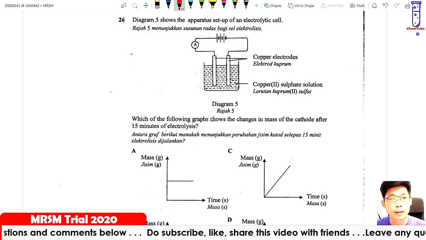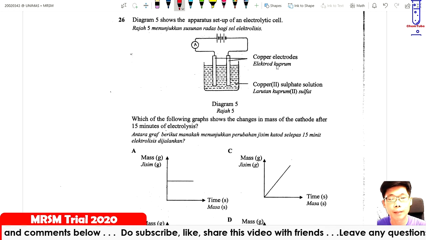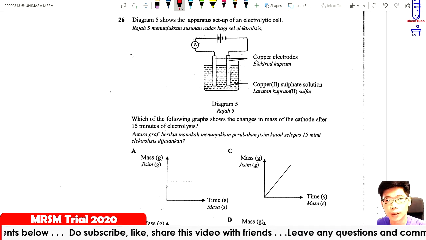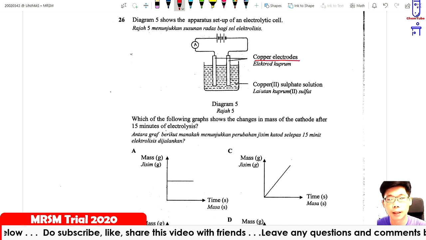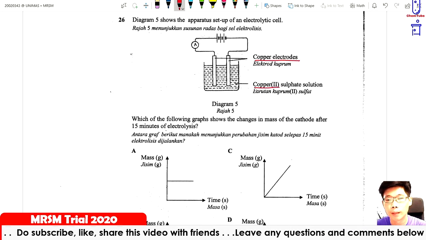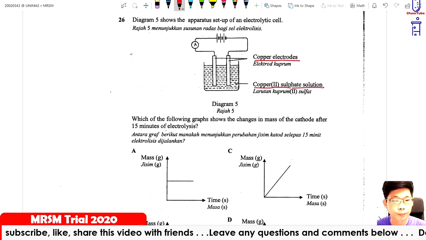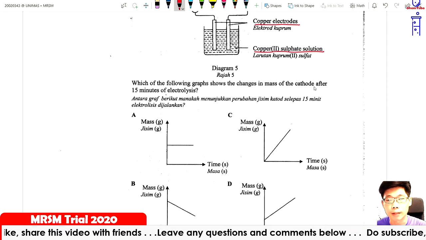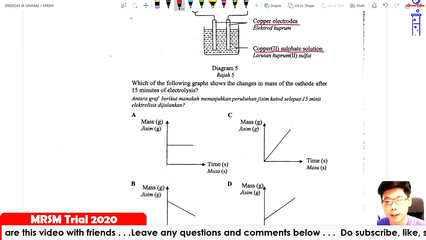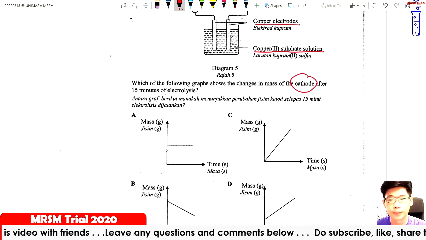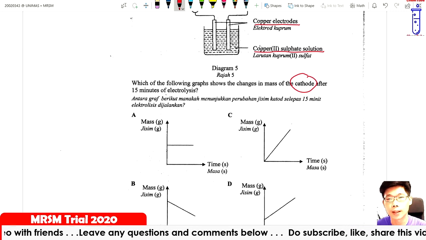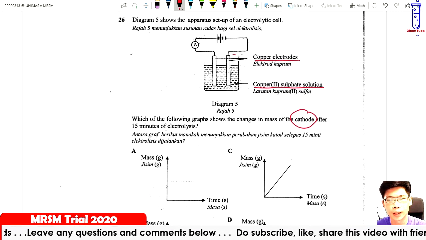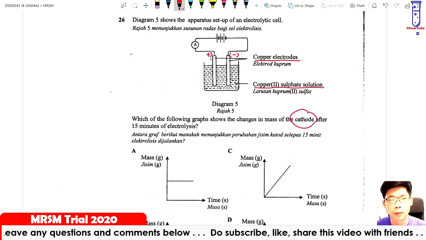Question number 26. The diagram shows the apparatus for the electrolytic cell, using copper electrodes and copper(II) sulfate solution. Which of the following graphs shows the changes in mass of the cathode? Cathode means the negative terminal, and this is the positive.